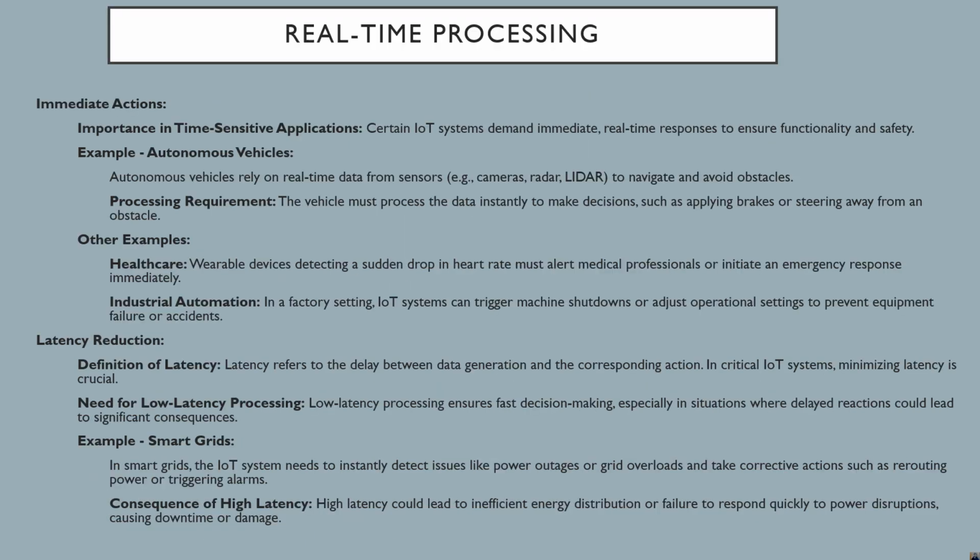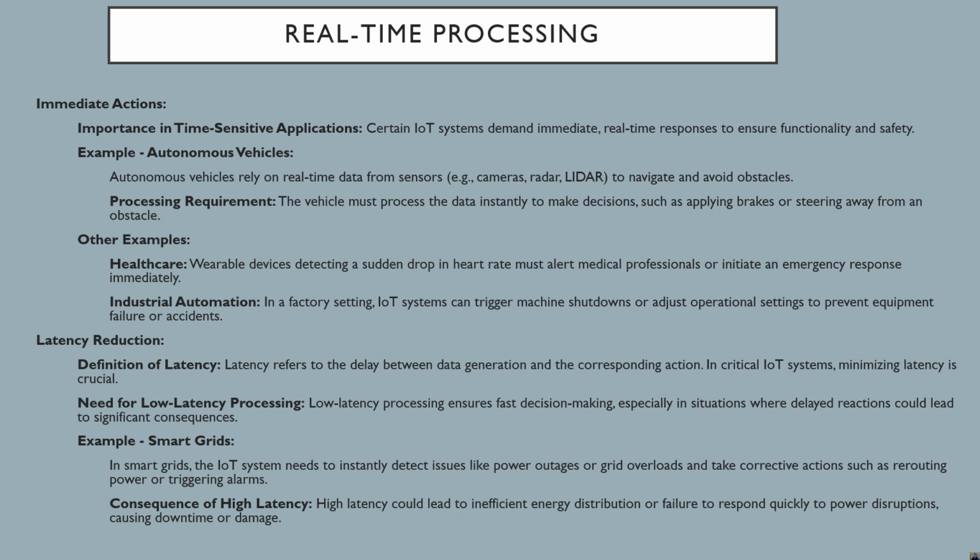Now we will discuss real-time processing. First we'll discuss immediate actions, that is the importance of time-sensitive applications. Certain IoT applications demand immediate real-time response to ensure functionality and security. For example, autonomous vehicles rely on real-time data from sensors to navigate and to avoid obstacles and accidents.